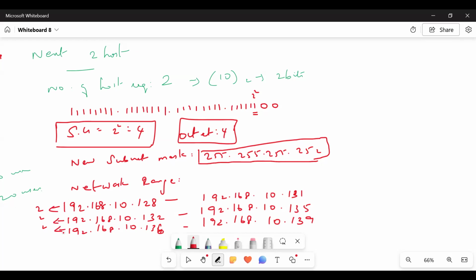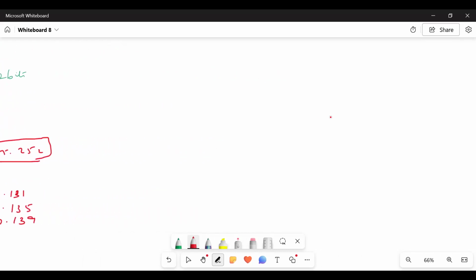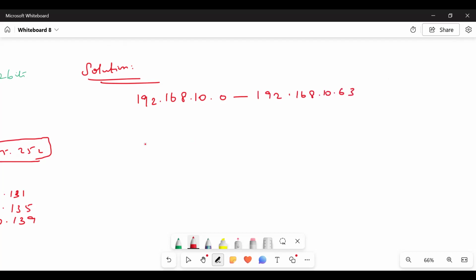Now we have completed all the given hosts. Let me write the solution here. So starting address is 192.168.10.0 to 192.168.10.63. This is for the first network.